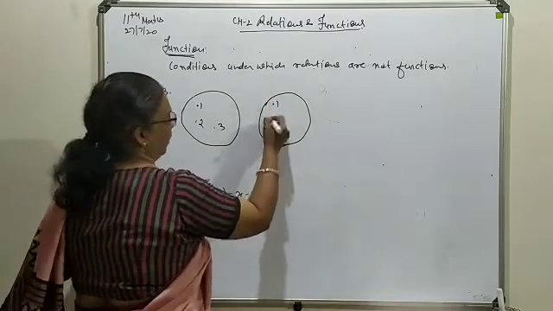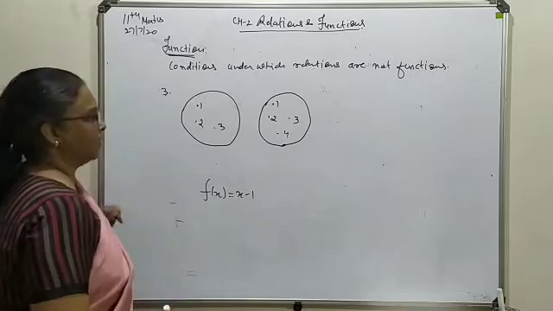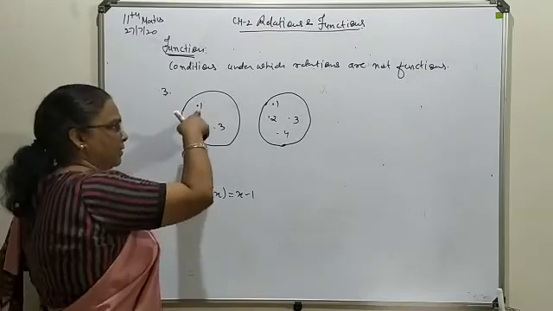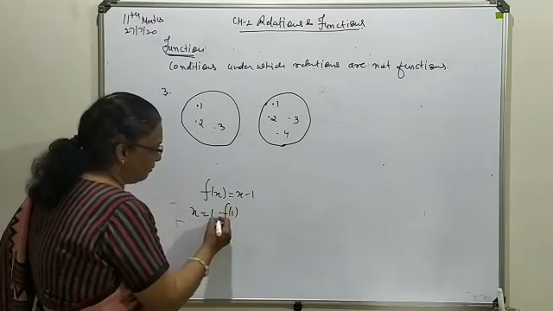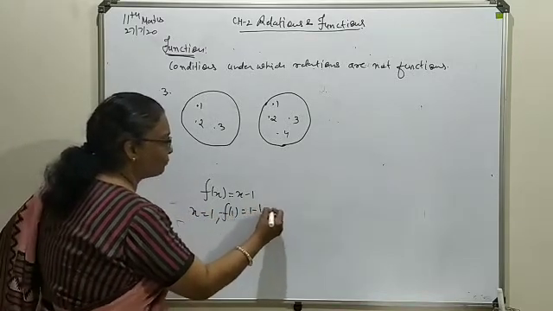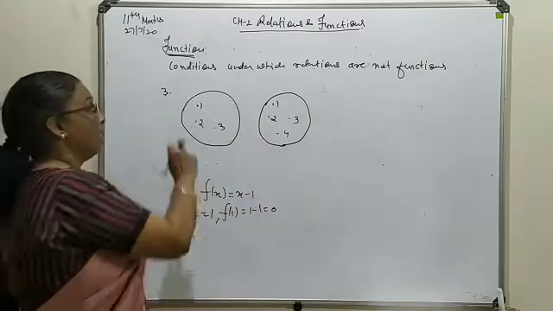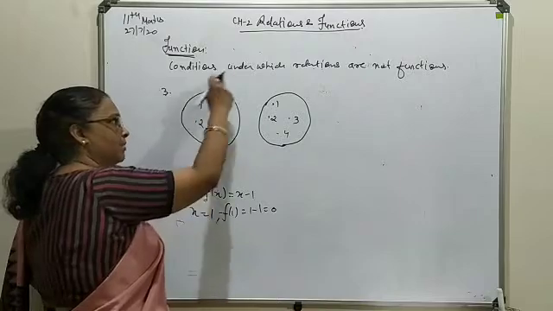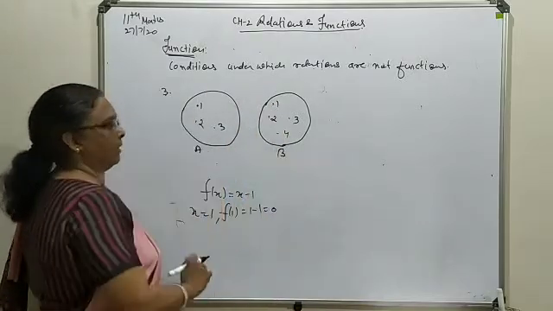Here it is 1, 2, 3, 4 like that. If you write x is equal to 1, your function value will turn out as 0. Here you can see 0 is not present over here. It means this one element does not have its function value in your set B. It is going to remain as such.